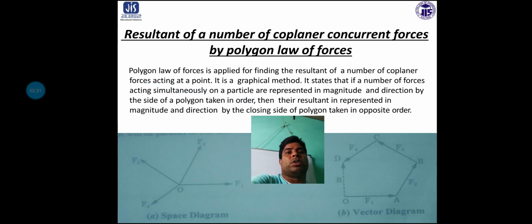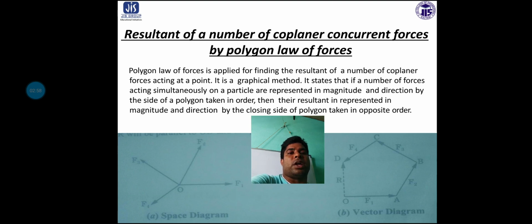Now the resultant of a number of coplanar concurrent forces is found by the polygonal law of forces. That means we also draw a vector diagram here. The polygonal law of forces is applied for finding the resultant of a number of coplanar forces acting at a point, and it is a graphical method.